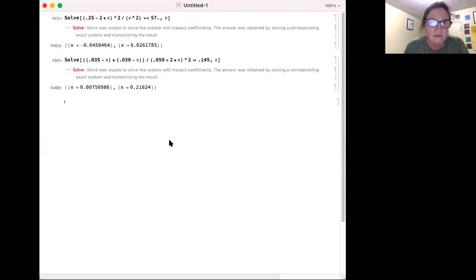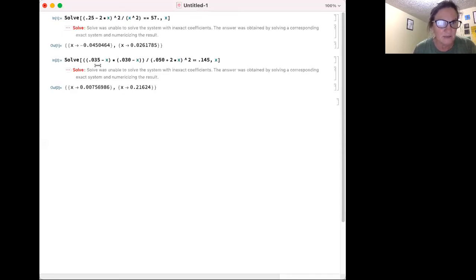Oh, except I forgot to share my screen. So come on. I forgot to share my screen, but not all is lost because here's what I put into Mathematica.